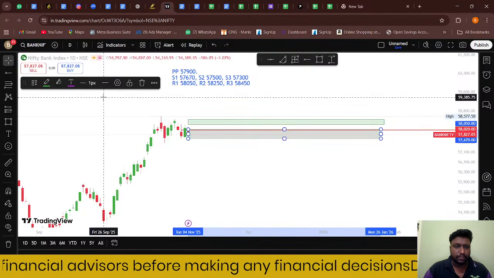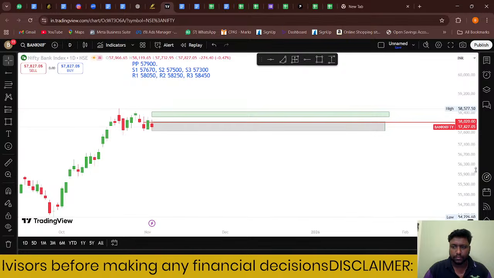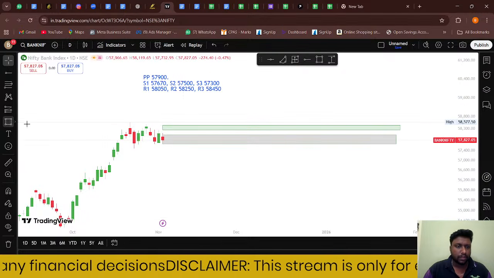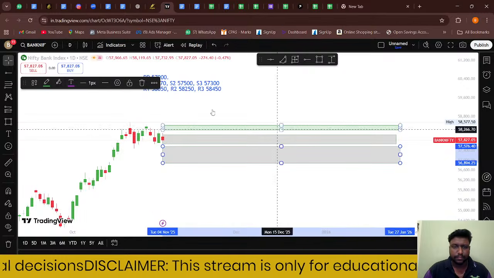Change the color. We will mark the bearish zone as well.